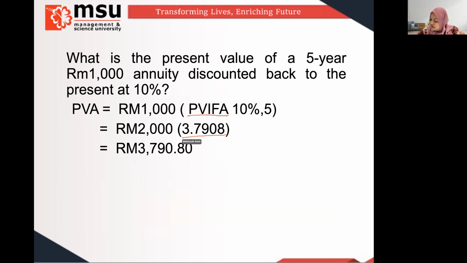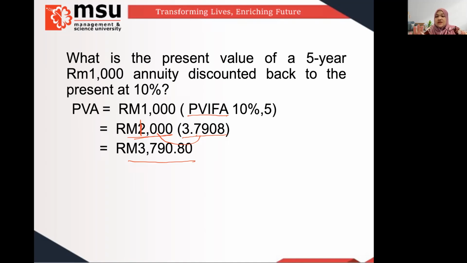So 3.7908 multiplied with 1,000. The answer will be 3,790.8. Okay, so this value is equal to today's value, which is 3,790.8 ringgit. Okay, so this is the present value of an ordinary annuity.